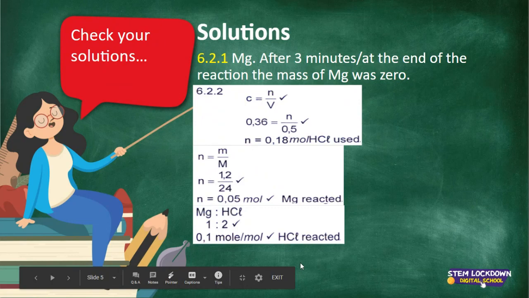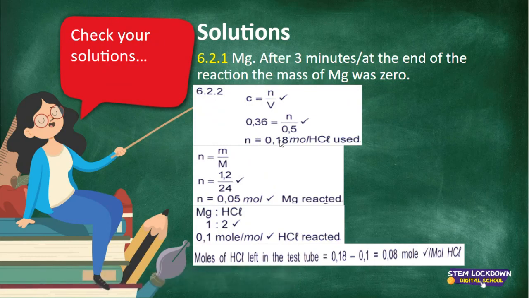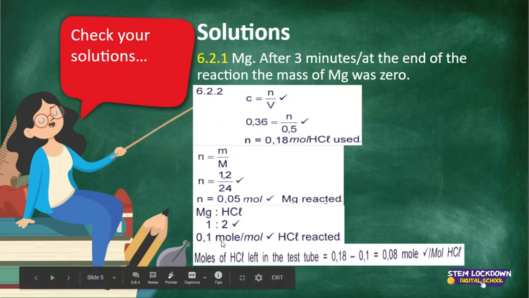That will give you the unused. So the moles left in the test tube, the unreacted ones, will be the number of moles used minus the one that reacted. So it will be 0.08 mole.